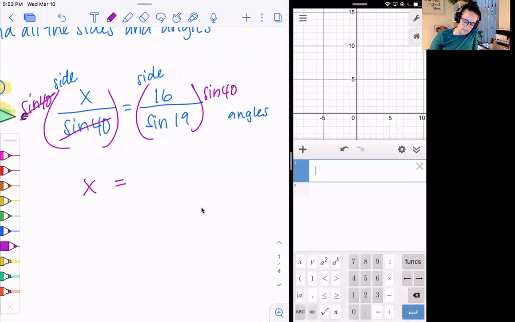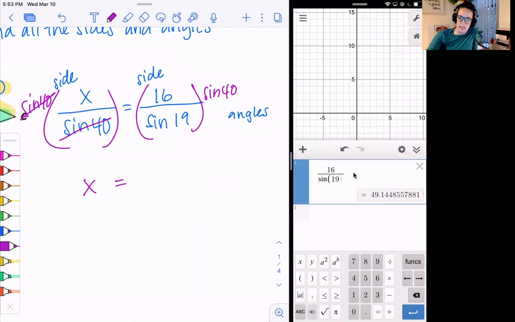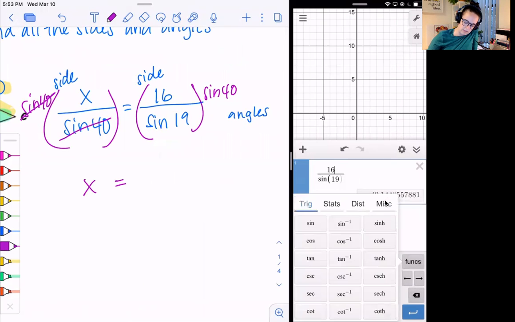All right. And then I'm going to use my calculator to figure out this part here. So I have 16 divided by sine 19. I want to check that this is in degrees, so I do that. And then I want sine 40 on the outside here, right? I get 31.5. You can also put sine 40 on the top if you want, like this.